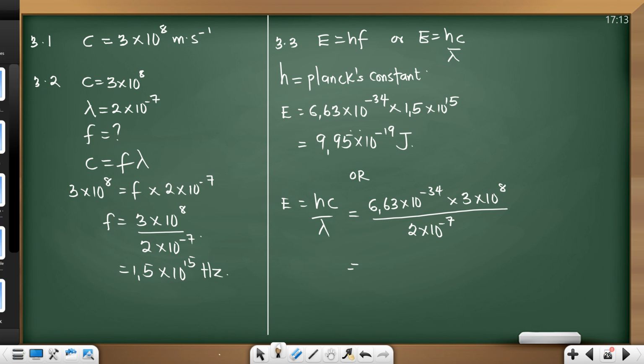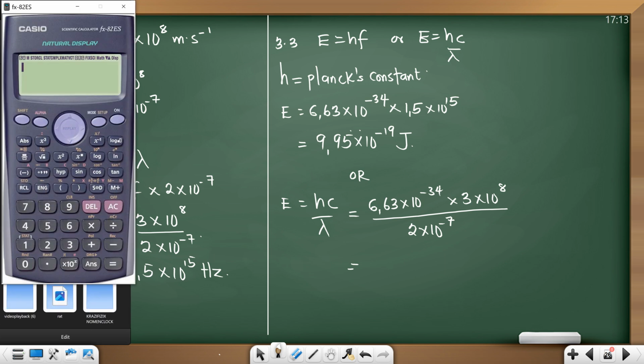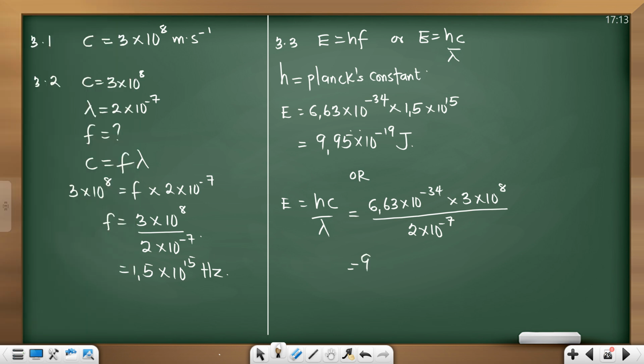Let's get a calculator and we throw that in. 6,63 times 10 to the power negative 34 times 3 times 10 to the power 8 over 2 times 10 to the power negative 7. Check your answer. Perfectly the same answer. 9,95 times 10 to the power negative 19.